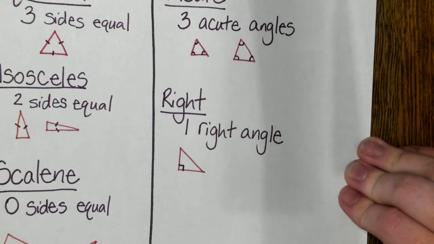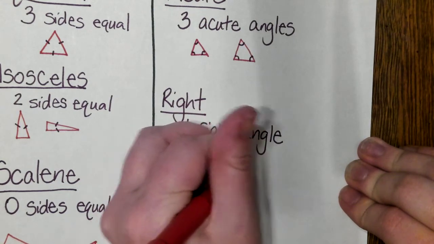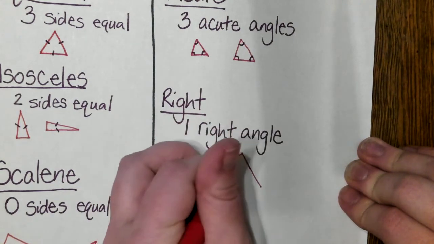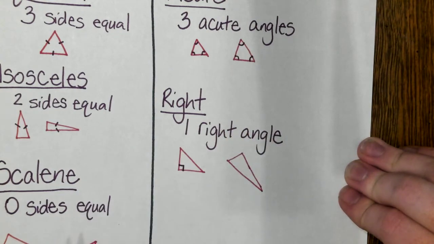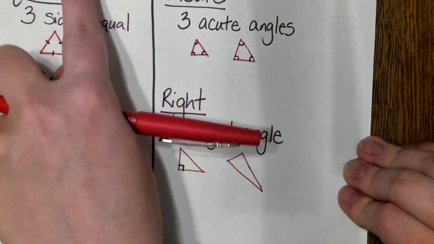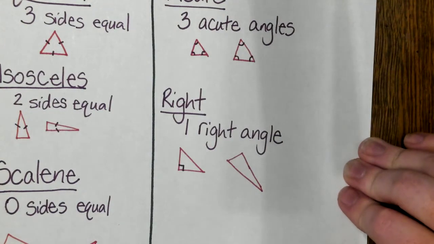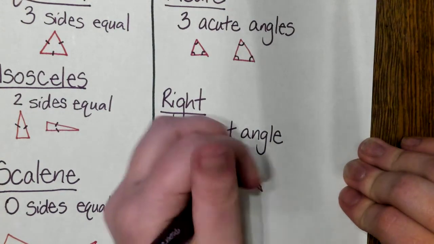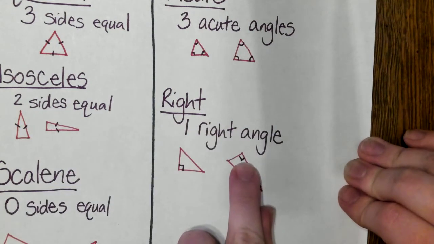A right triangle may also look like that. The sides don't have to be the same because we are not looking at the sides here. We are looking at the angles. The important thing to look for a right triangle is that little symbol that means a right angle.